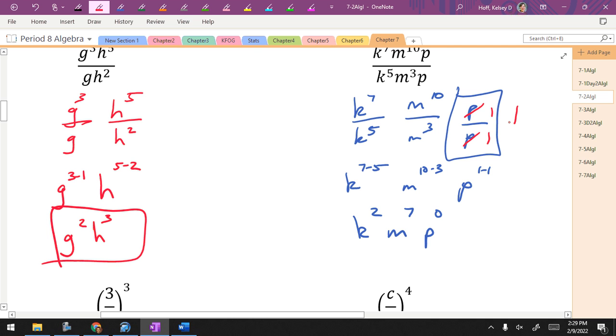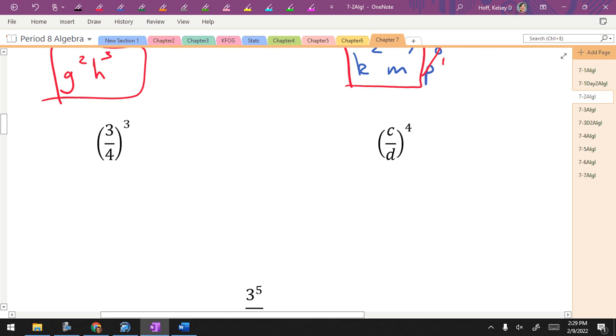That's why anything to the 0 power is 1. So you don't want to write P to the 0. Technically, that is not simplified as far as it can go. This actually equals a 1, so your final answer is just K squared times M to the 7th. It should make a little bit more sense after we talk about that 0 piece.